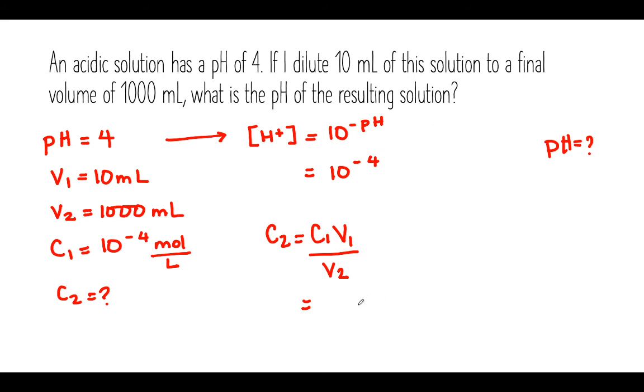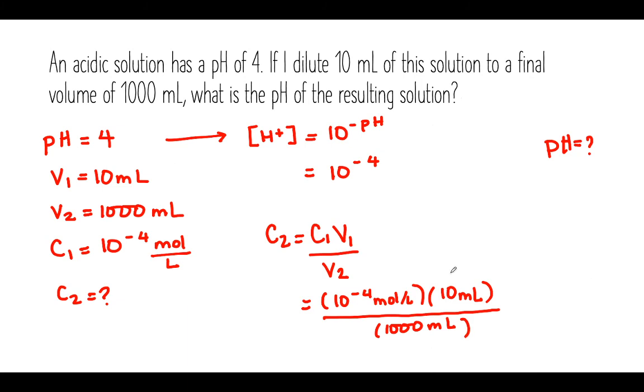So if I plug in all my numbers, 10 to the power of negative 4 moles per liter times 10 milliliters divided by 1,000 milliliters. And my units for milliliters will cancel out. So I'm going to be left with an answer in moles per liter, which is 10 to the power of negative 6 moles per liter.